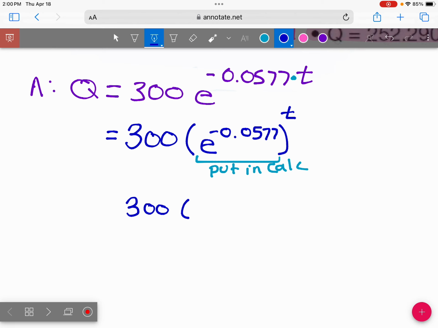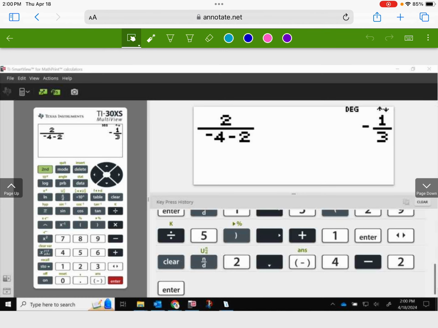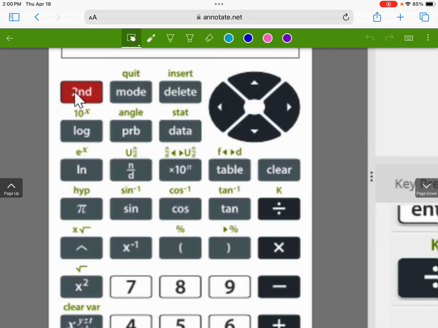This is still equaling Q. I'm just going to put that down here. Equals Q. So I'm going to go into my calculator. And I just want to do what's inside. So we're going to put E. And I tried to write it up on the screen and it was really small. If I hit the green button, that second button, and then I hit the LN that's 2 behind it, it gives me an E.